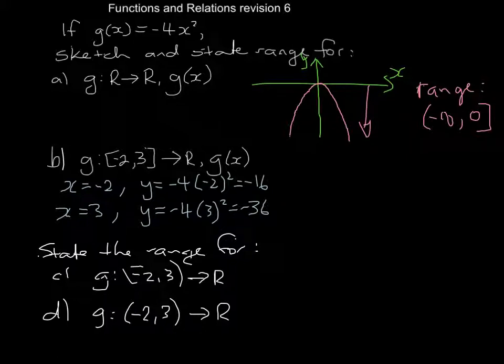So in this case, the graph is going to be the same shape as the first one, but we're going to apply the restriction in the domain to it. So y there. So we have our graph, and it will go a little bit deeper in the positive end of x than it will in the negative.